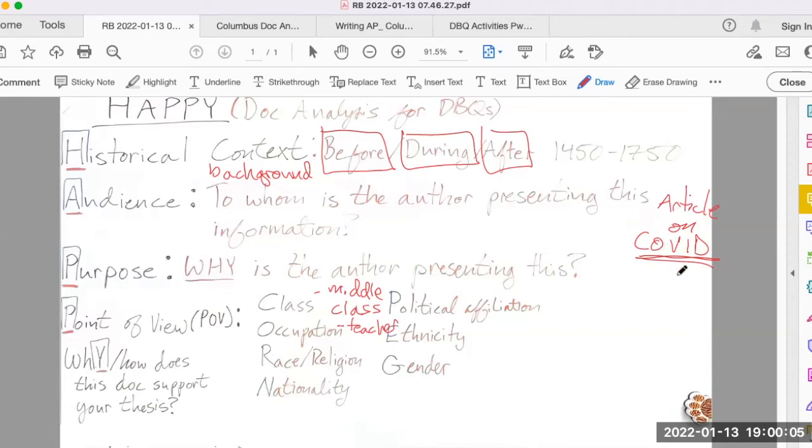That may not be as strong of an argument as, say, occupation or middle class. So you don't have to use every single aspect of CORNPEG to answer the question. You're going to want to pick the strongest one. So that probably wouldn't be a strong one for the COVID article example. But go ahead and take a moment to think about what is Christopher Columbus's race and religion, and how that might skew his point of view.